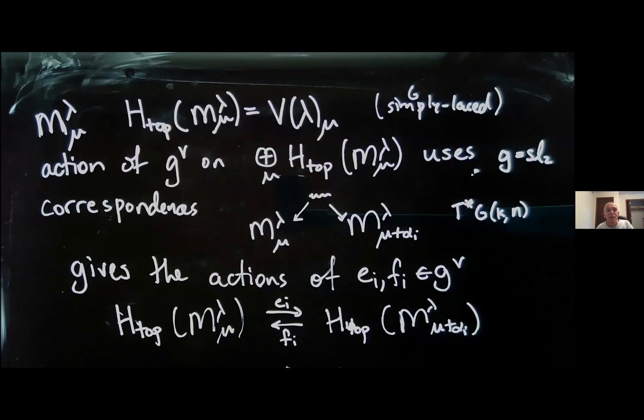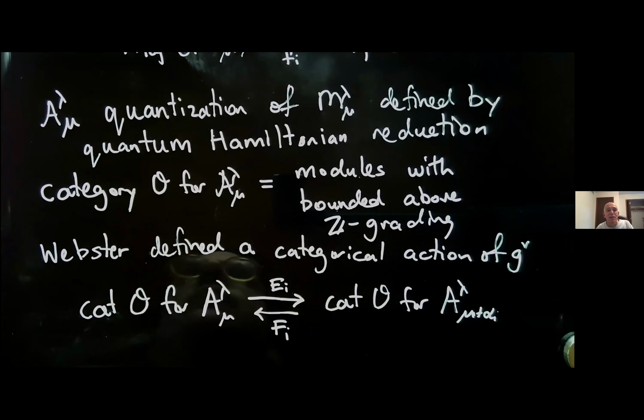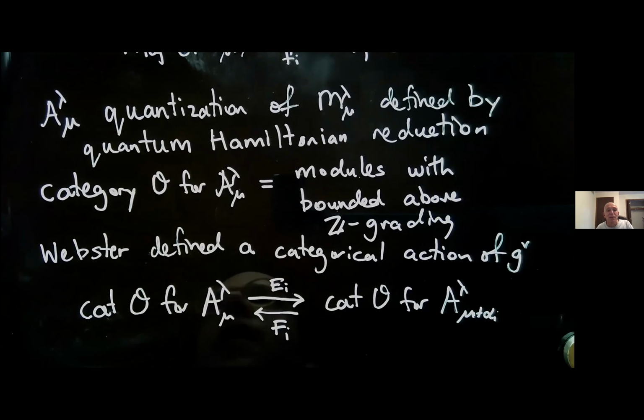Okay. So, Joel, those functors between module categories, say if G is SL2, is it a categorical geometric SL2 action in the sense of your papers about T-star Grassmannians?